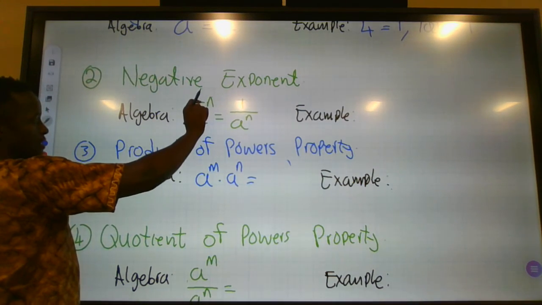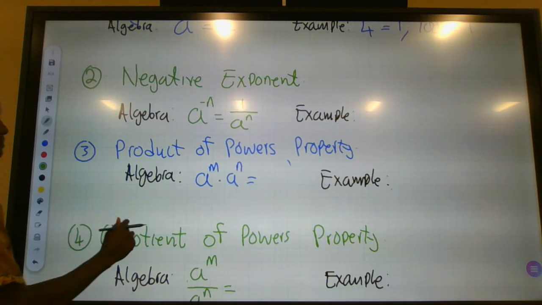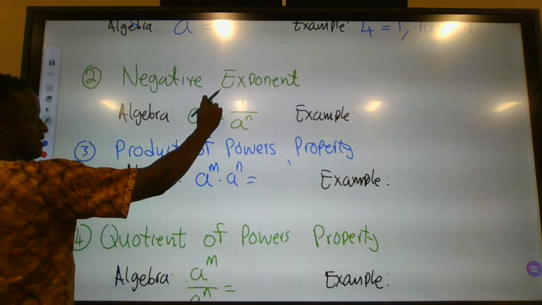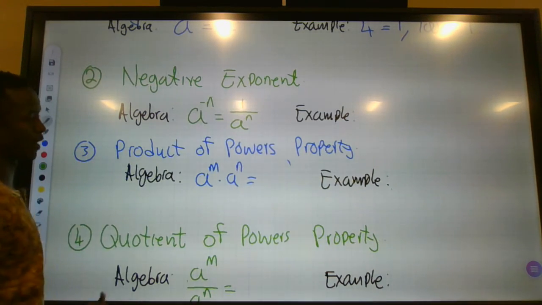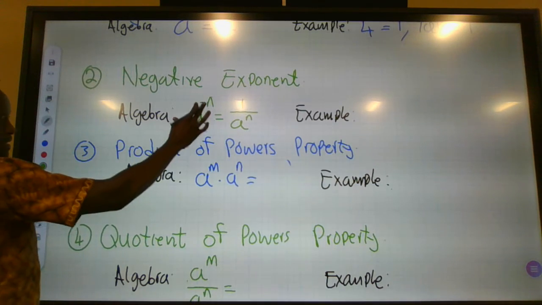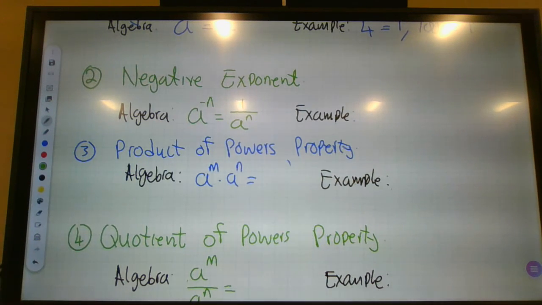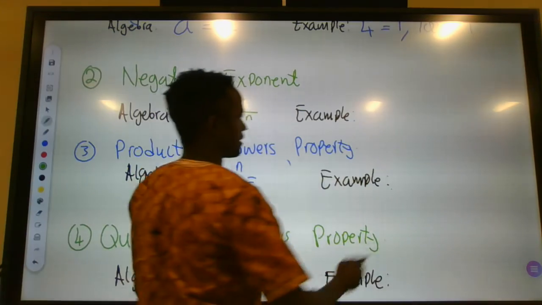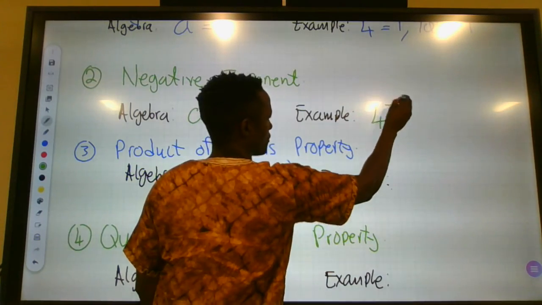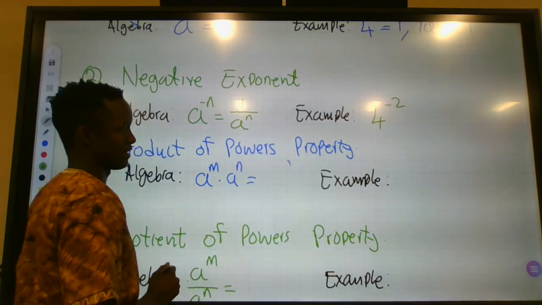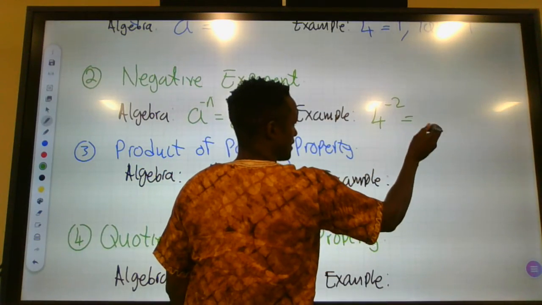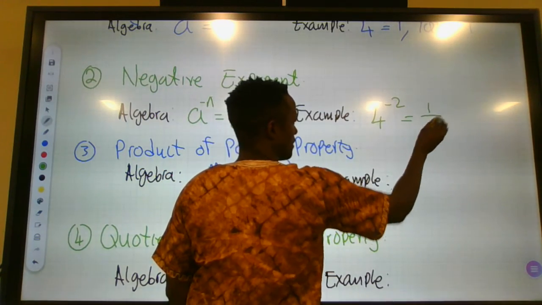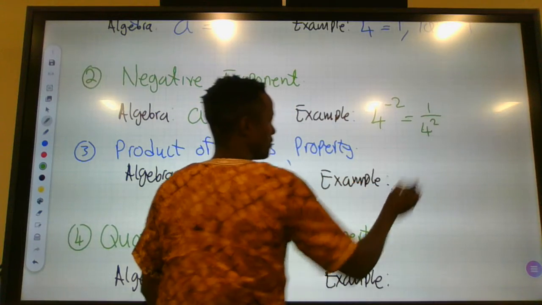So another way you can think of it, just to help you remember this, is that the 1 becomes your numerator, and what you're going to have left at the bottom as your denominator will be the positive power. An example with numbers here would be, let's say 4 to the exponent negative 2. Again, this will just simplify to 1 over 4 to the exponent 2.